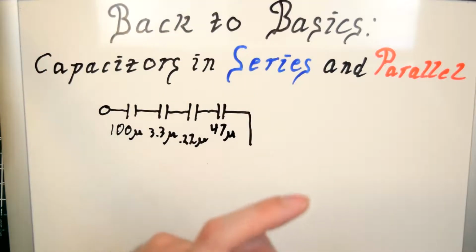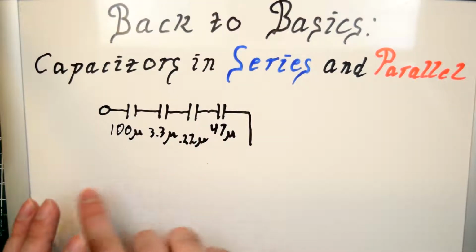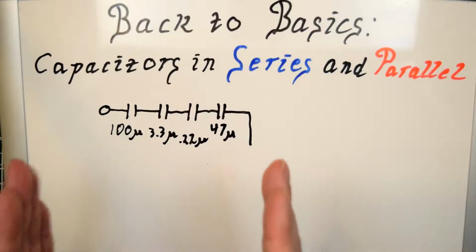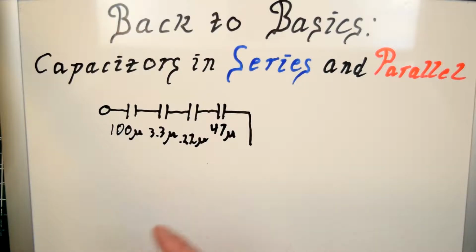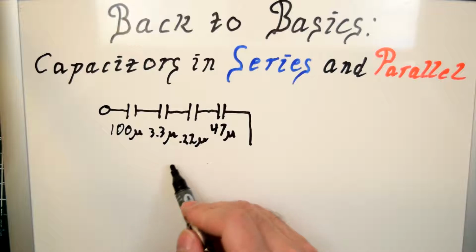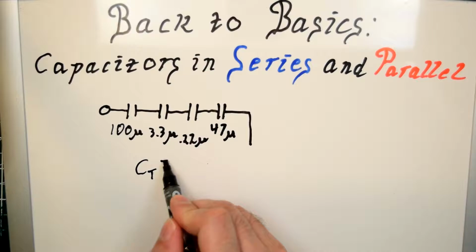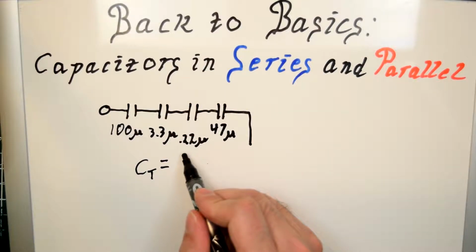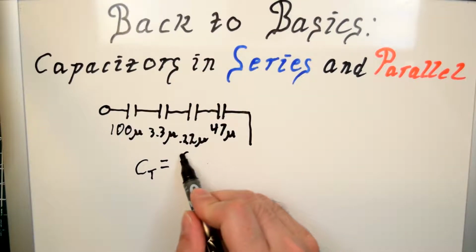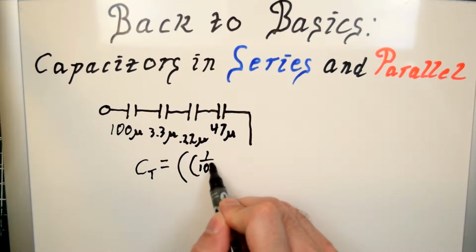Alrighty. So, if these were resistors, when we calculated the total capacitance here, we just added them all together. But capacitors work the other way around from resistors. So these ones are going to require that annoying calculation that we did before. So the total capacitance is equal to big paren and then another paren 1 over 100 micro.